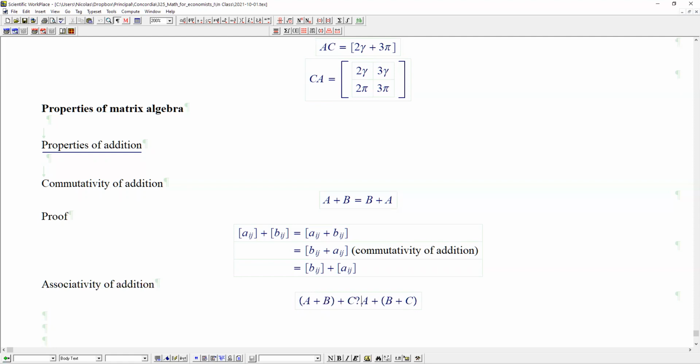Yes, equal. Or maybe that was an answer to the previous one. And the proof is exactly the same.